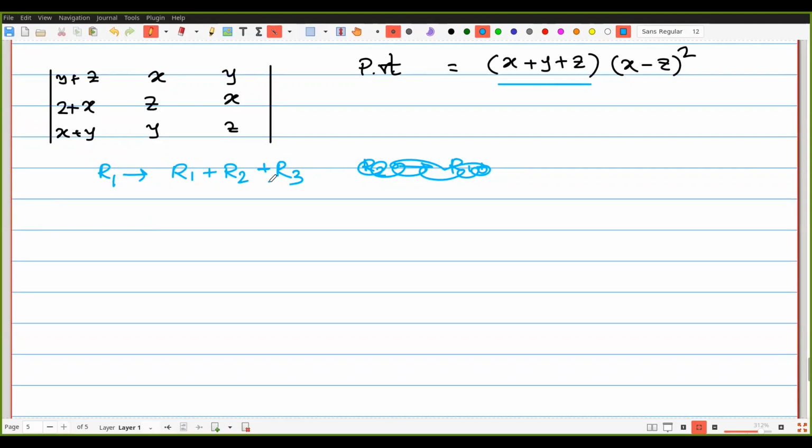Row 1, we are adding all: r1 plus r2 plus r3. That means row 1 is changing now. Just check here.